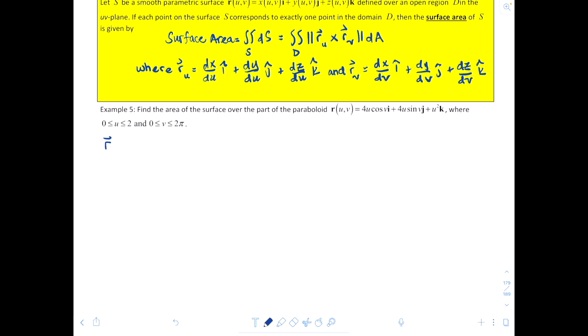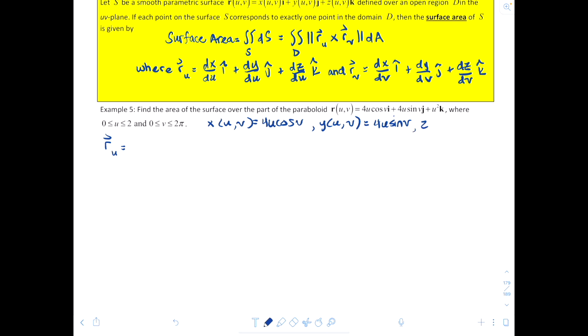The first partial of r with respect to u is going to be, so remember that x at u and v will be equal to 4u cosine v. y at u and v is equal to 4u times sine v.